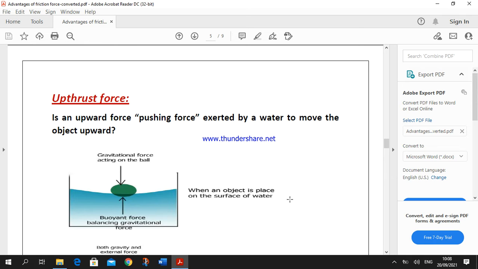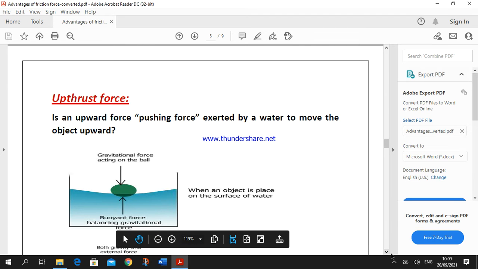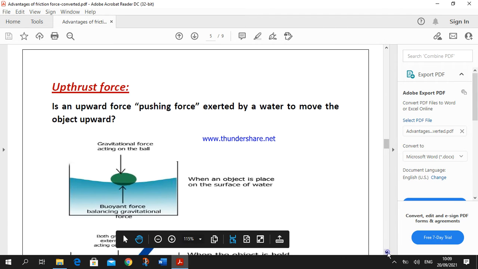When we throw a ball in the water, the ball is attracted to the bottom due to the action of the gravitational force, and the water exerts a pushing force to try to move the ball upward. So upthrust force is the pushing force exerted by water to move the object upward, and this is a type of force against gravity.